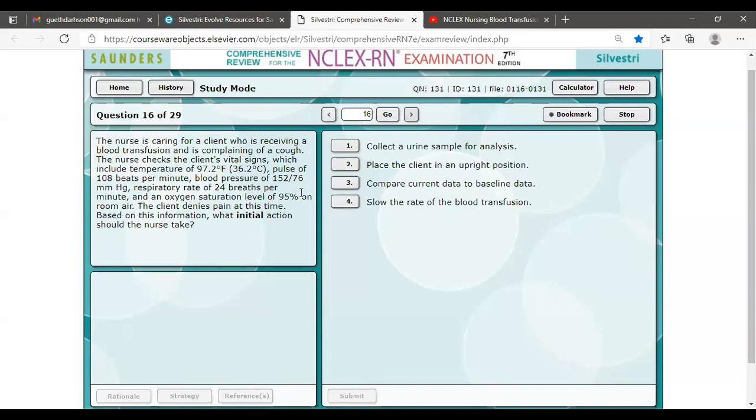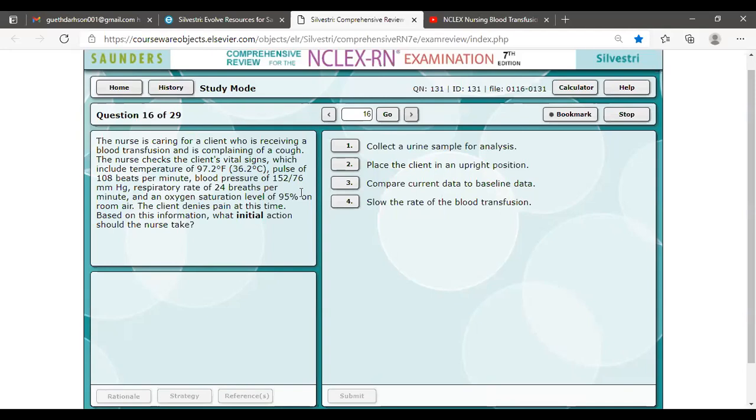So when your patient is taking a blood transfusion, always we have to keep in mind what are the potential blood transfusion reactions. If there is anything here, definitely we stop it. But in this question, we do not see any restlessness, nausea, hives, shortness of breath, or fever.